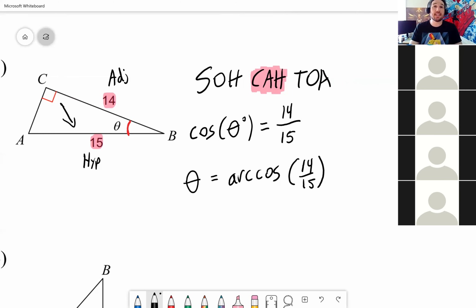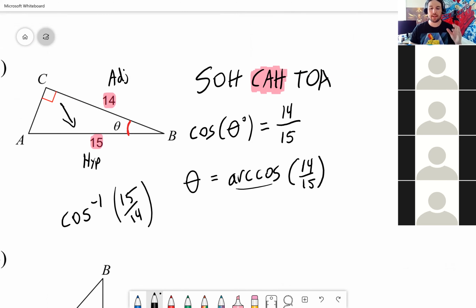I want you to see it, because if you see it later on in your homework, I want you to understand why. So I really want you to actually grab your calculator and do cosine -1, which is the same thing as arc cosine, remember, two different words for the same thing, of 15 divided by 14 instead of 14 over 15.